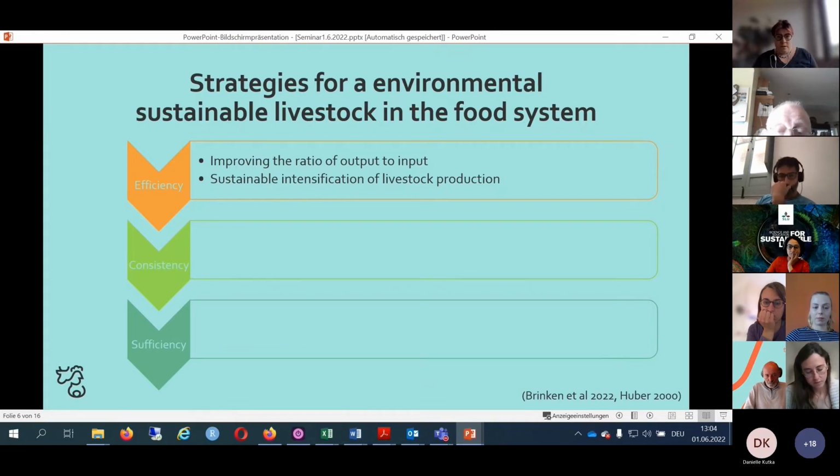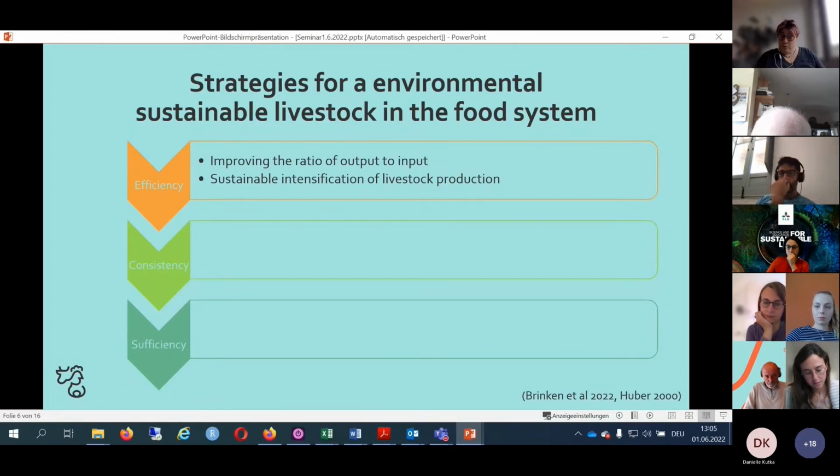And the concept that relates to efficiency is usually sustainable intensification. So how do we get more livestock out of fewer resources? This is a concept or narrative we hear quite often: the more efficiently you produce, the more sustainable your production.